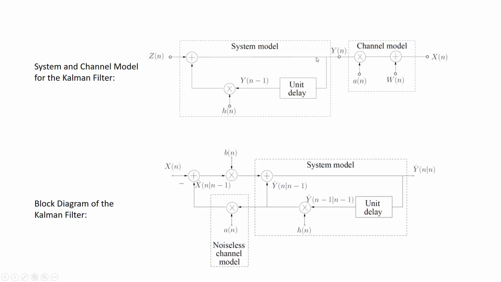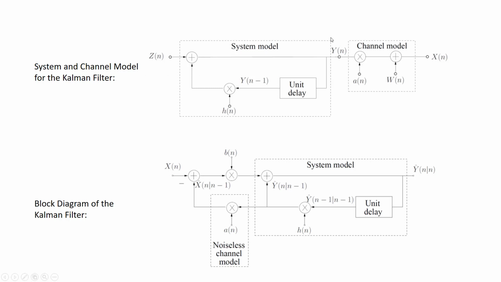The system model illustrates how each sample of y of n is related to previous samples of the process. What we can see in this diagram is that the sample of y at time n will be made of a weighted version of the previous sample of y of n minus 1, which is weighted here by a constant h of n, to which a noise process will be added.